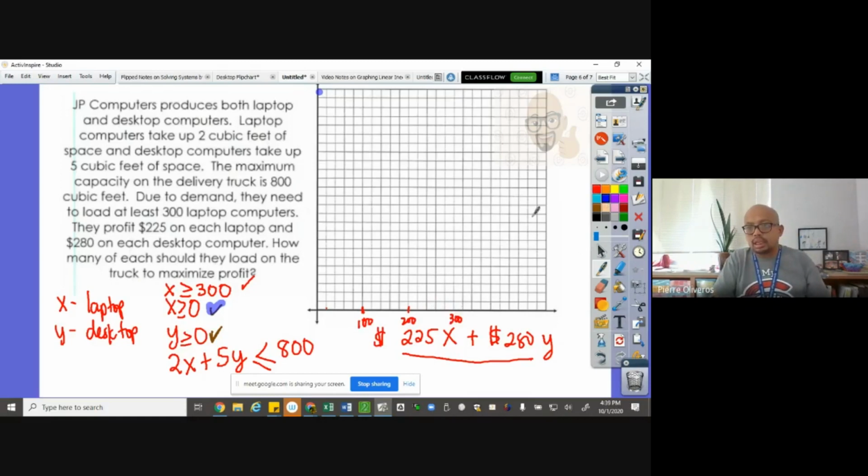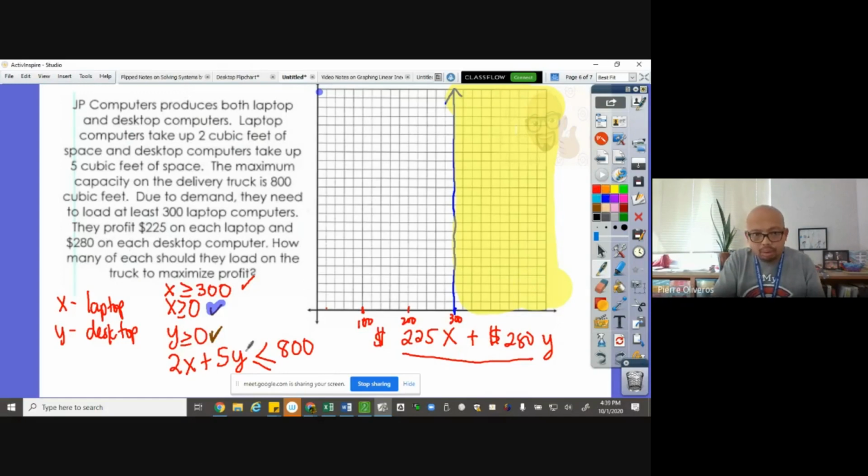So the graph of the 300 will be right here. And since that's greater than, that goes everything to the right side. Okay, everything on the right side of the blue line. Okay, that's the yellow one. That's our shaded region so far.